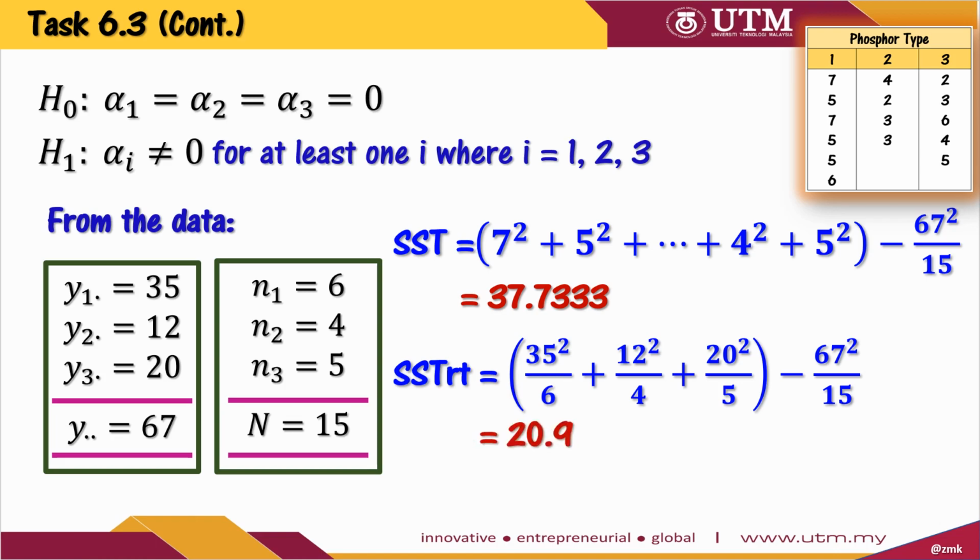And finally, the error sum of squares SSE given by the difference between SST and SSTRT, which is 16.8333. Having calculated all the sums of squares, you can now construct the one-way ANOVA table as shown in the next slide.